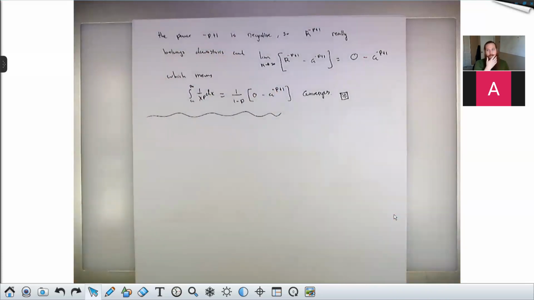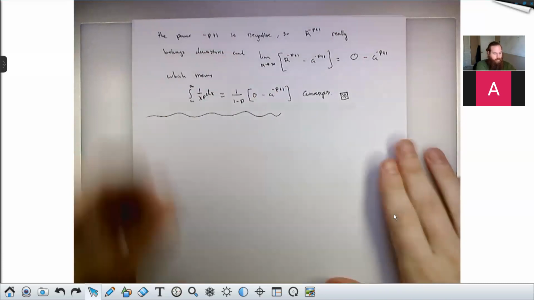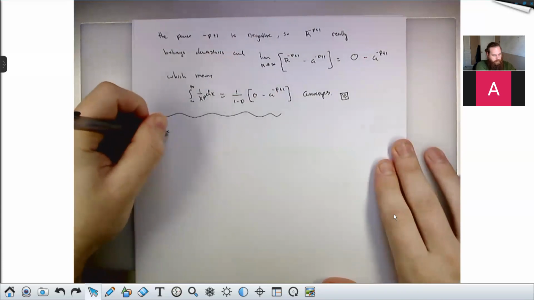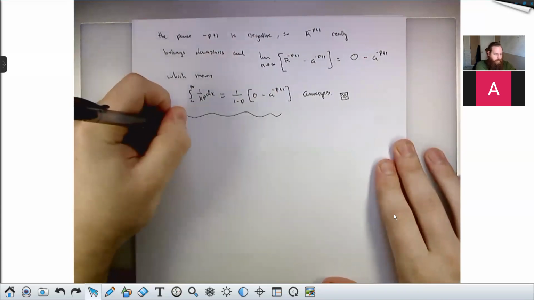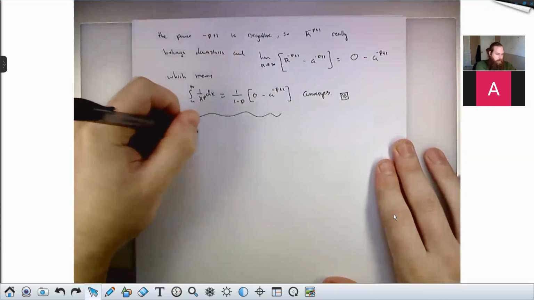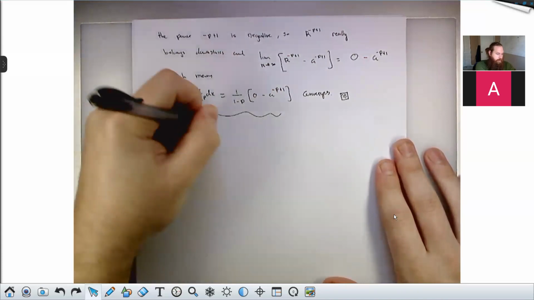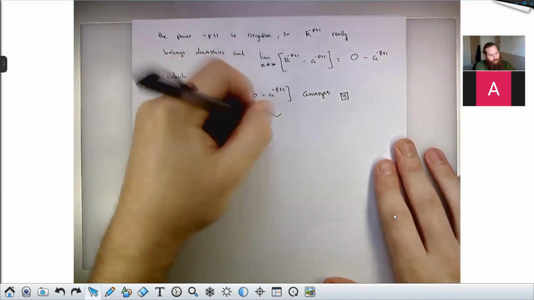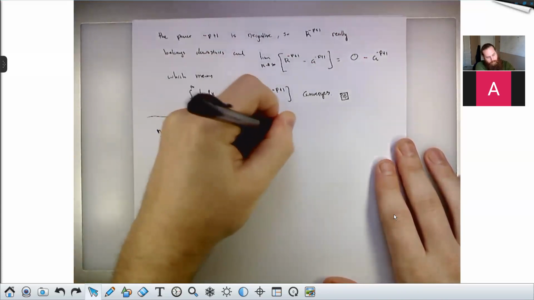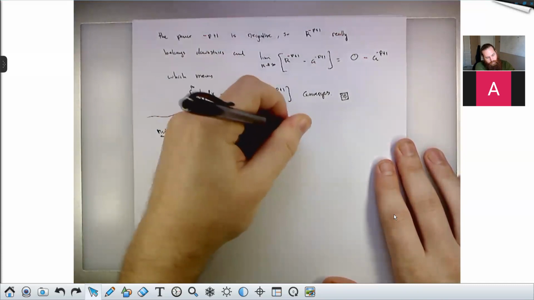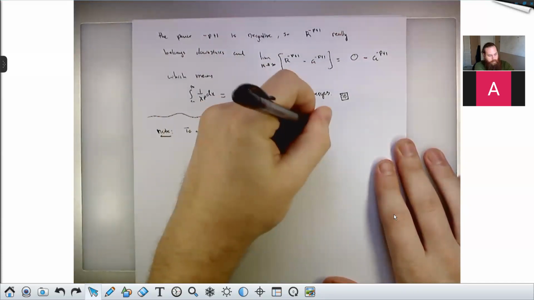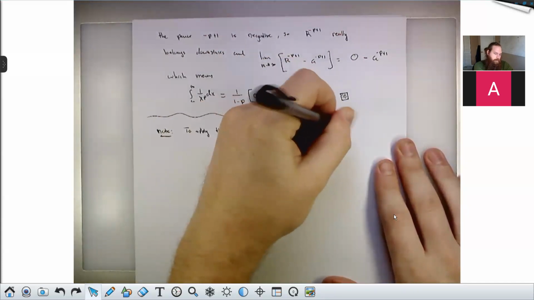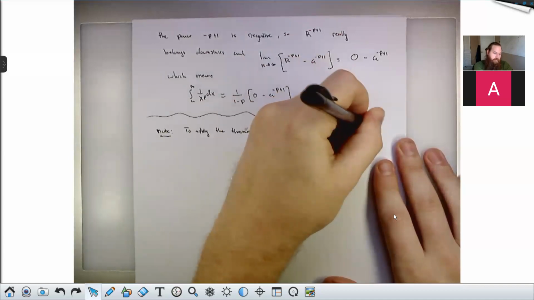So a quick comment. P integrals are always type 1 integrals. So to apply the result of the theorem on p integrals, you must be working with a p integral.